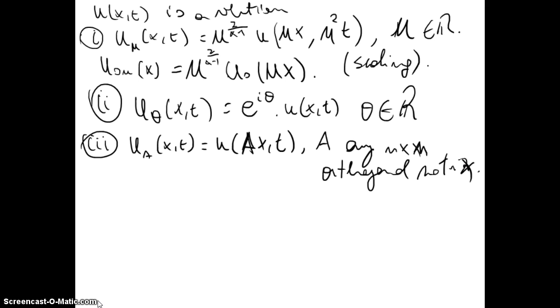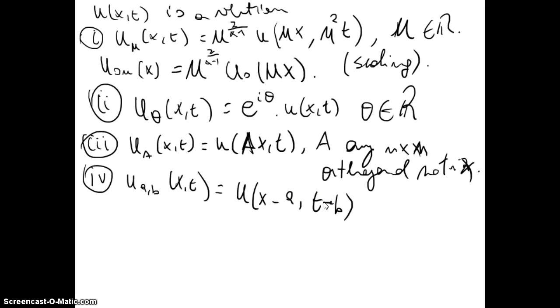Okay. Fourth one, u_{a,b}(x,t) is going to be equal to u(x minus a, t minus b), a in R^n, and b a real number.